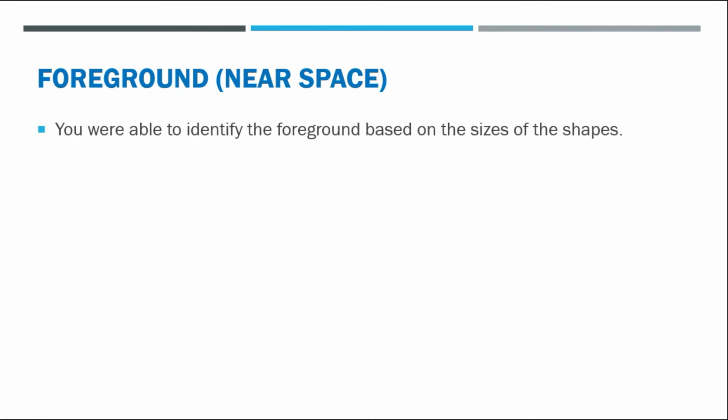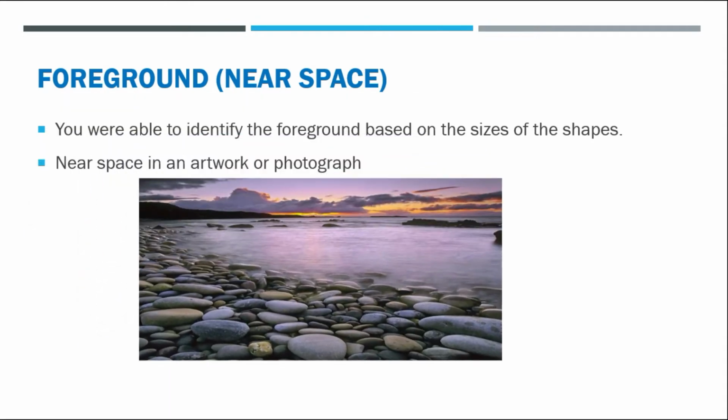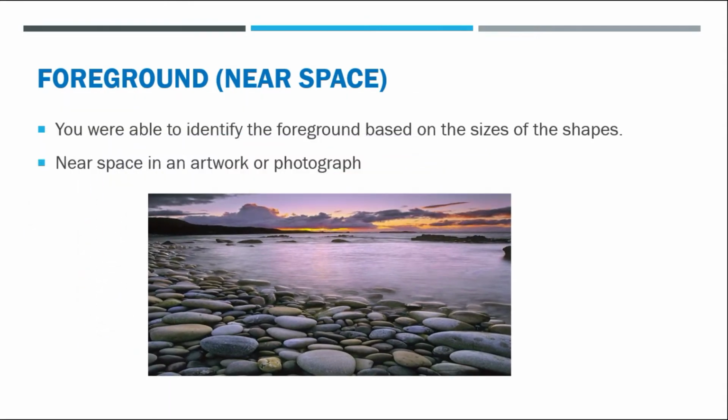You were able to identify the foreground based on the sizes of the shapes. Near space in an artwork or photograph. For example, this one. We have the foreground of this stone.